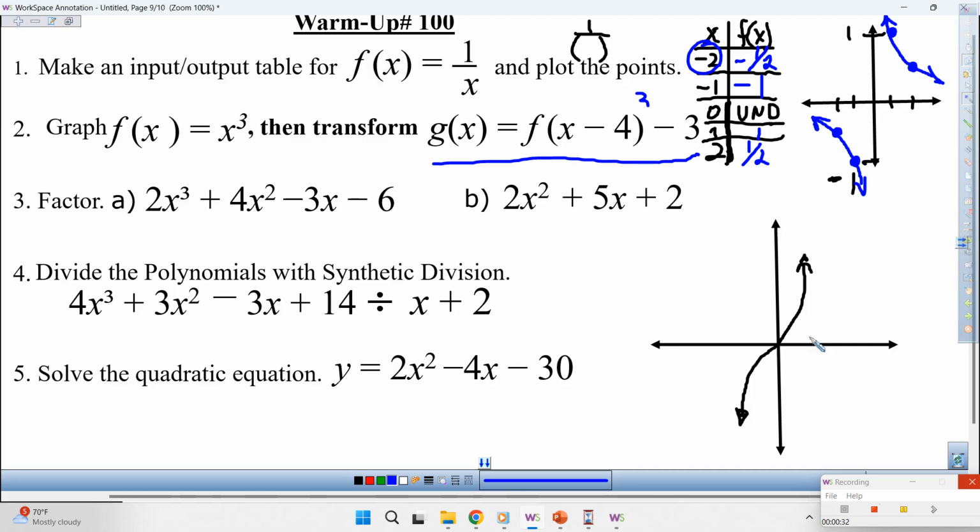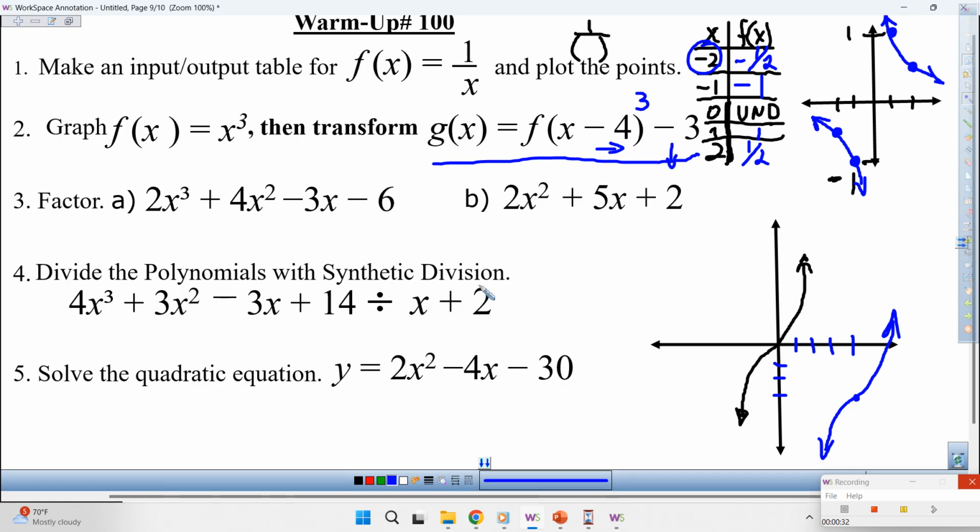What are we going to do to that function according to that? All right, looks like Mariah's got it. Very good, Mariah. But let's go over there with Gabriel. What are we doing? 4 to the right. And 3 down. 1, 2, 3, 4. 1, 2, 3. So my function is going to be over here somewhere.